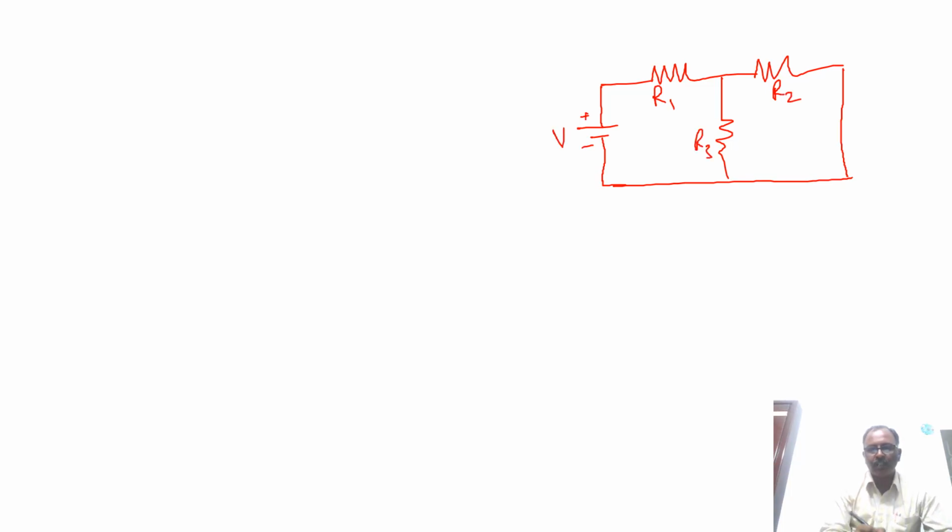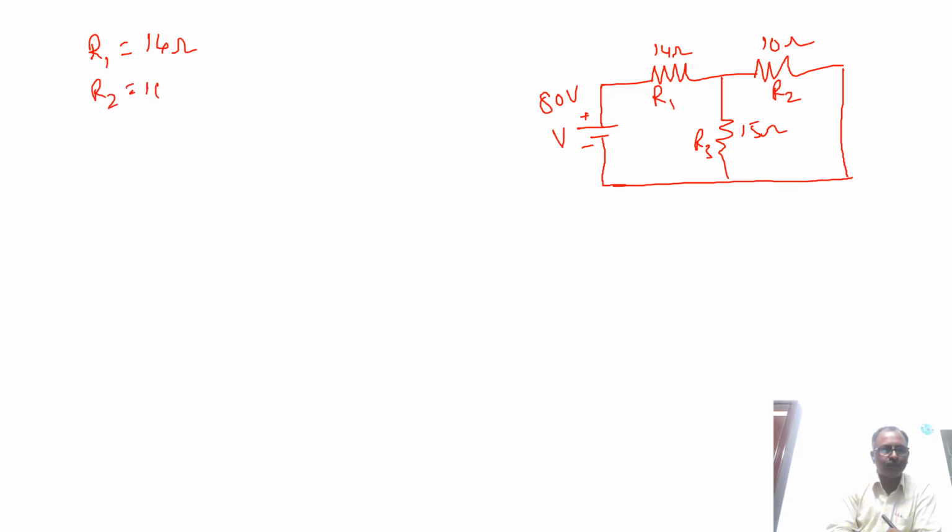Here the circuit is excited with voltage V. Now let us take R1 as 40 ohms, R2 as 10 ohms, R3 as 15 ohms, and the supply voltage is 80 volts.